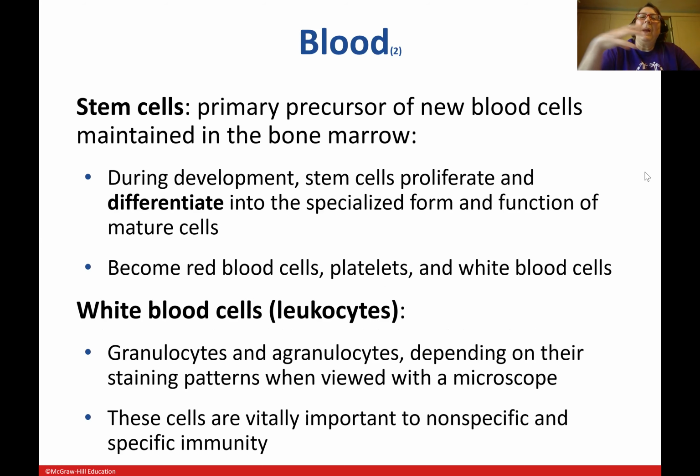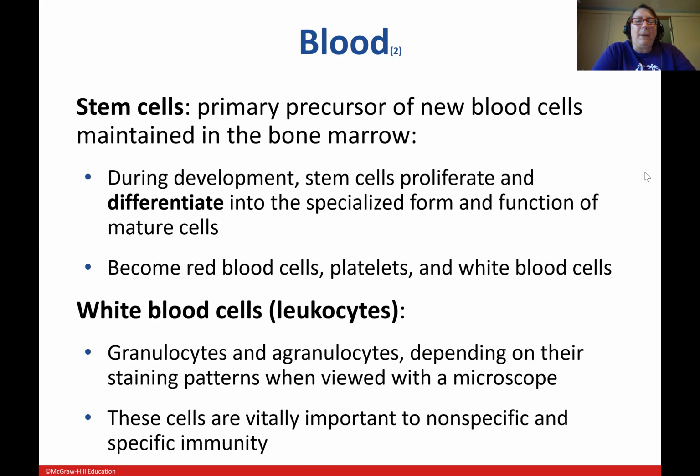Okay, so during development, those stem cells divide, and then they go through a maturation process, which makes them more and more differentiated into whatever the end result of that blood cell is going to be. So if it goes down the red blood cell path, it goes through one set of maturation steps. If it's going to the white blood cell path, it goes through a different set of maturation steps. And there are multiple types of white blood cells, and each one of those has a different set of steps that it has to go through.